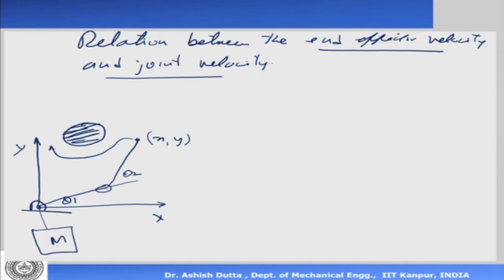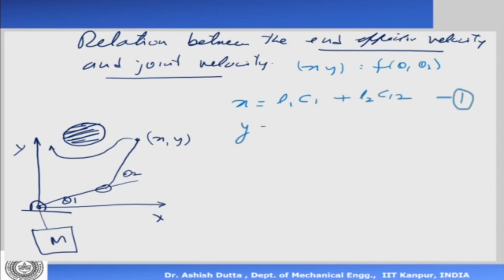Now, how do we get the end effector velocity and joint velocities? What we do is we write the position relationship. We know that xy is a function of theta 1, theta 2 in this case. The relation we also know: x is equal to L1 cos theta 1 plus L2 cos of theta 1 plus theta 2, and y is equal to L1 sin theta 1 plus L2 sin of theta 1 plus theta 2.